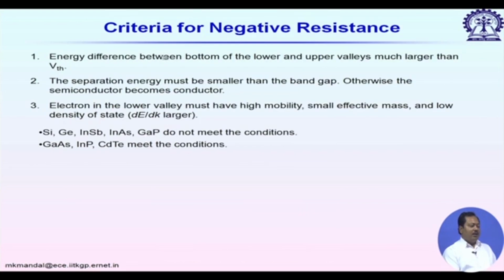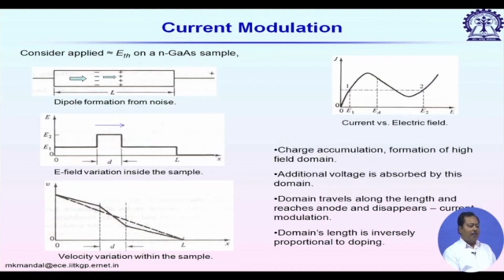So, looking at these criteria, silicon, germanium, indium antimonide, indium arsenide, gallium phosphide do not meet the conditions, but gallium arsenide, indium phosphide, cadmium telluride meet the condition. So, we can use these materials to fabricate any Gunn diode or negative resistance device due to the transfer electron effect.